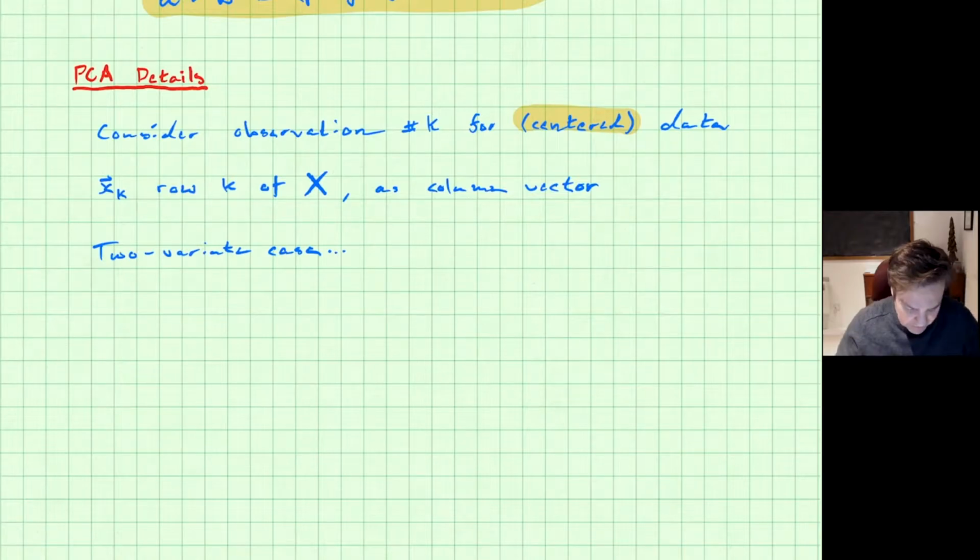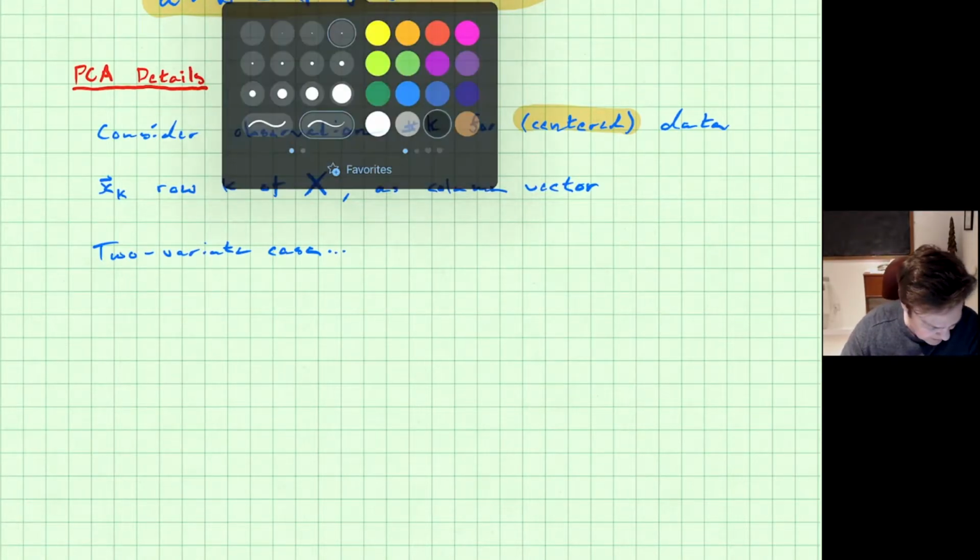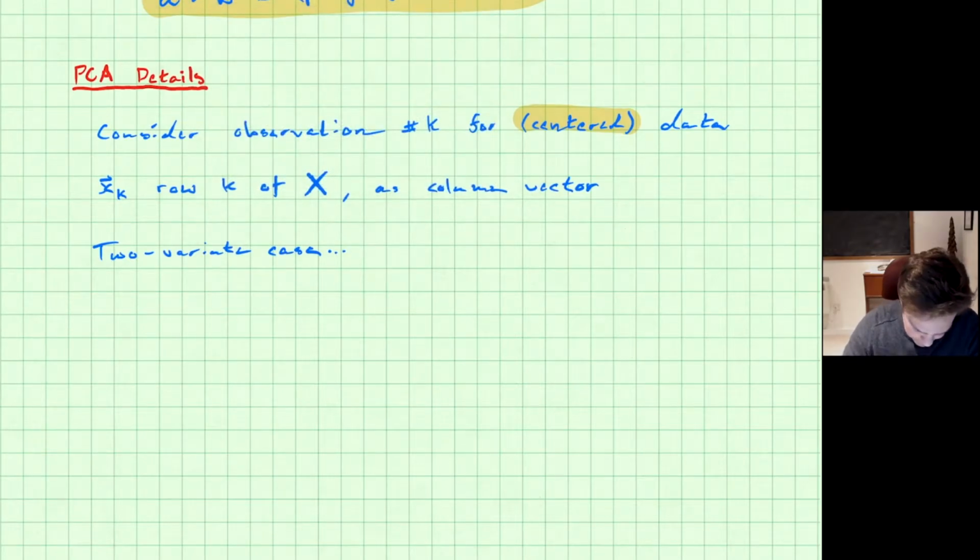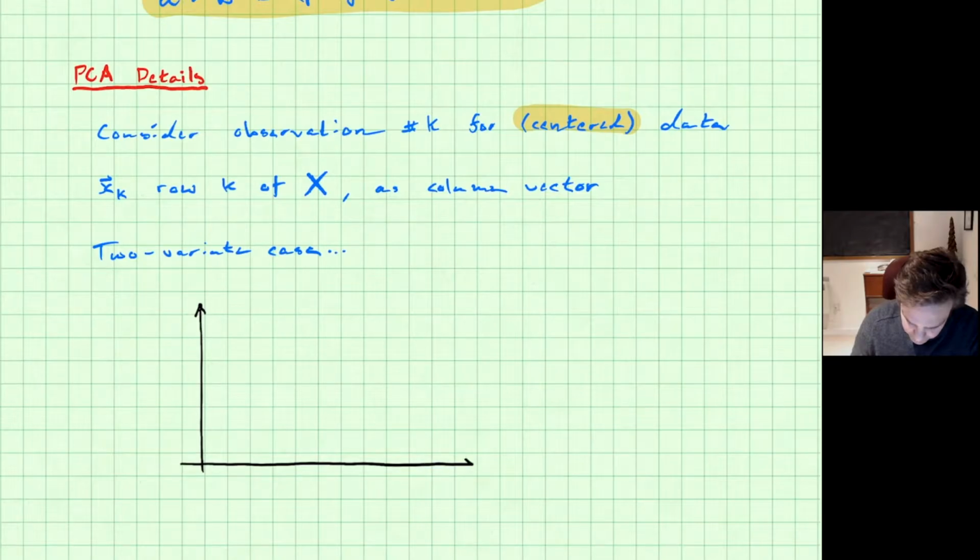Let's draw in black the axes of the original data matrix, because when we do principal component analysis, we're going to transform the data onto some other axes.